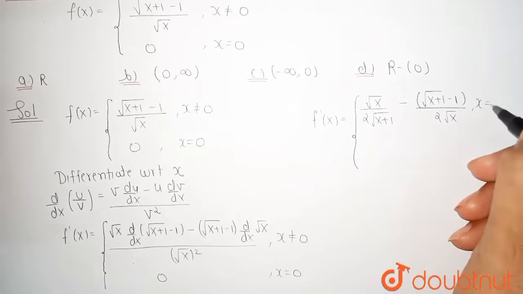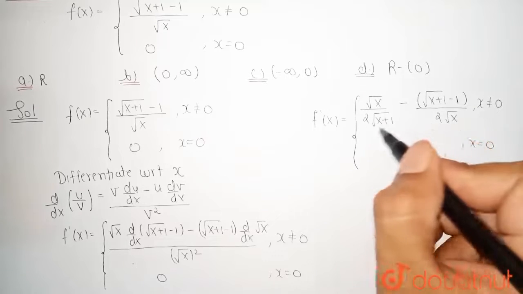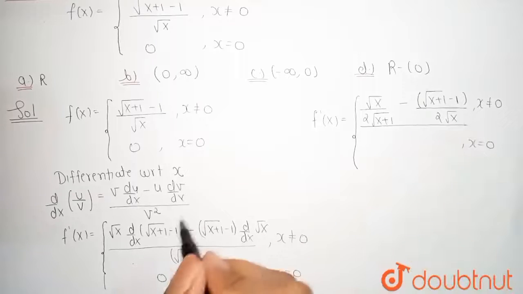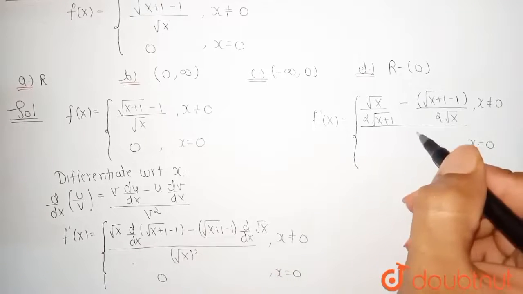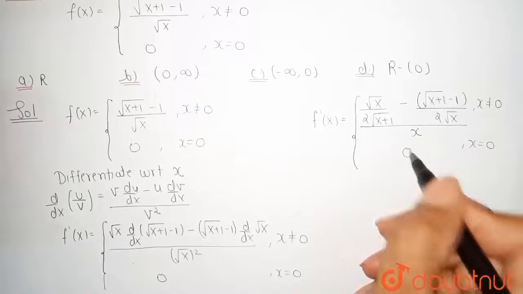The whole term is divided by the square of the square root, that means x, and the function becomes 0 if x is equal to 0.